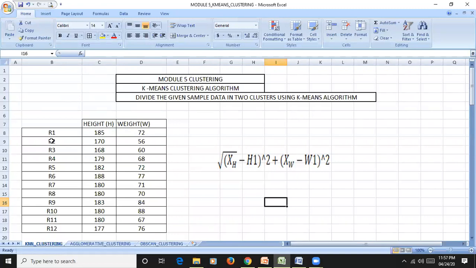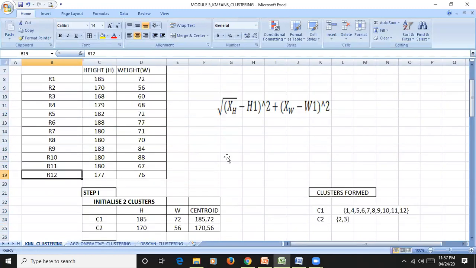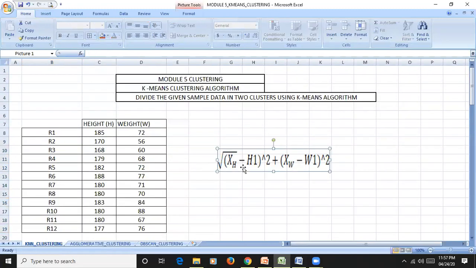What will I do? The very first thing is to serially name them, either R1, R2, anything you are interested in. I have taken it as row 1 to row 12. Then, for k-means clustering, first write down the formula we will be using, remember, with the k nearest neighbor classifier.